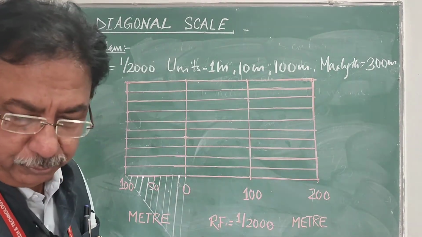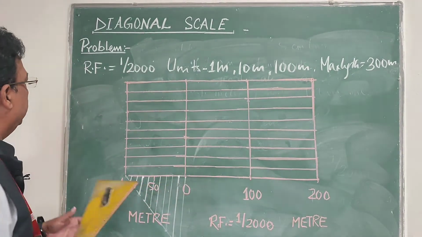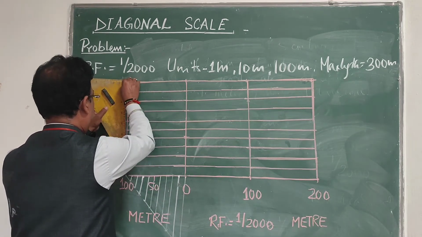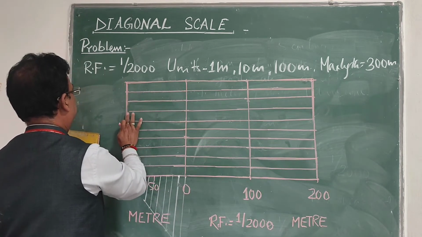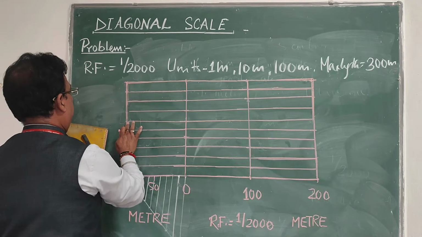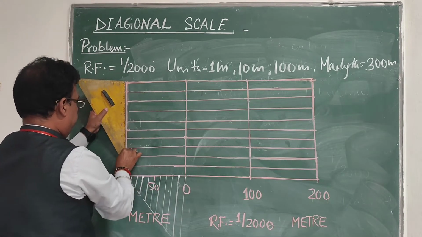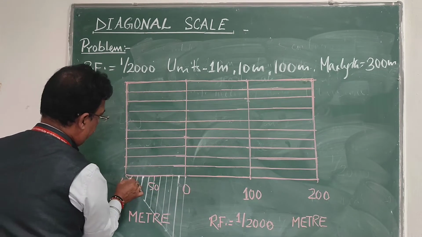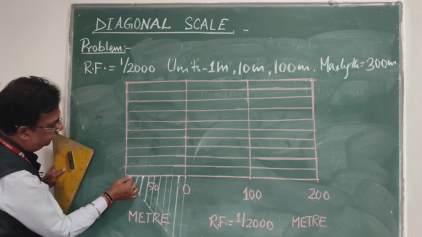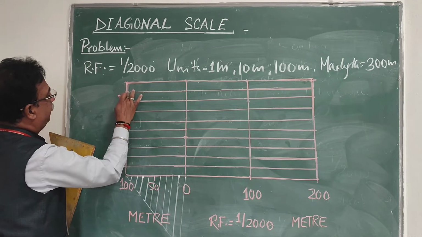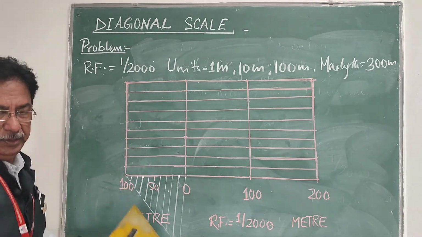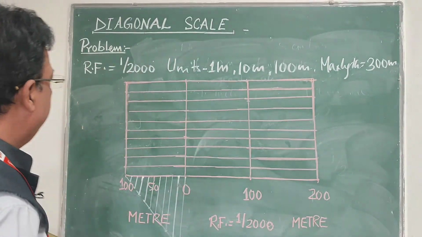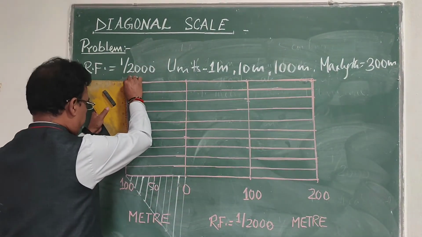Now I am going to draw the diagonal part of this. For that, here in this figure, I am going to join this first part from this side to this extreme left corner. So that is the way. I am going to use a different colored chalk, so that it is visible to you.